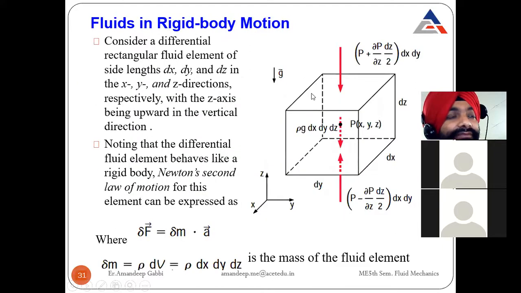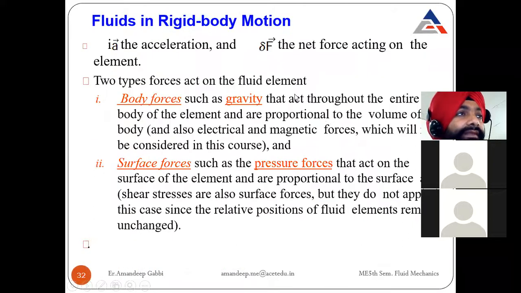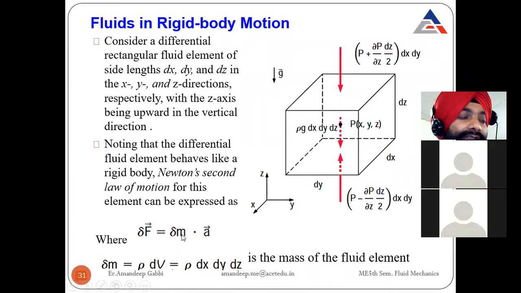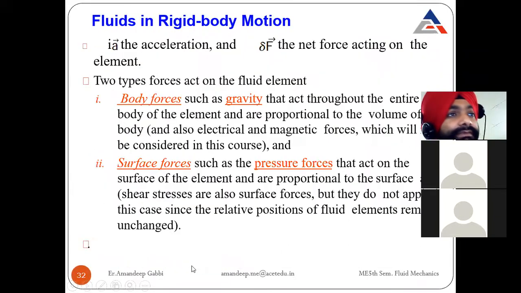Now this is a differential fluid element that we have considered. The acceleration of this is taken as a, the volume as dV, and the force is taken as delta F. The force that is acting is equal to change in momentum, ma, right? Now there are two types of forces acting on a particular fluid.